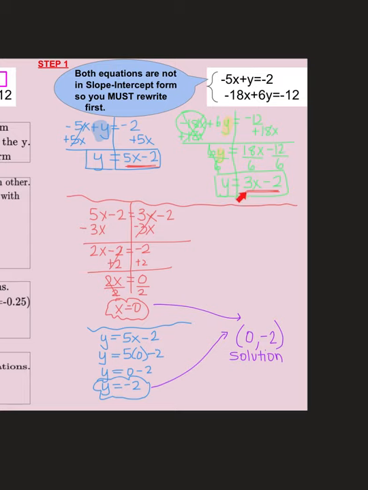Once you do that, you will take the two equations and set them equal to each other, solving for the x value, which will be the x coordinate in your ordered pair. Then you'll take that x value and one of the two equations, whether it's the original two or the rewritten slope-intercept form equations, and substitute that x value into the equation to then find the y value for your ordered pair. Take the x value, the y value, put them together, and that will give you your solution for the systems of equations. Good luck.